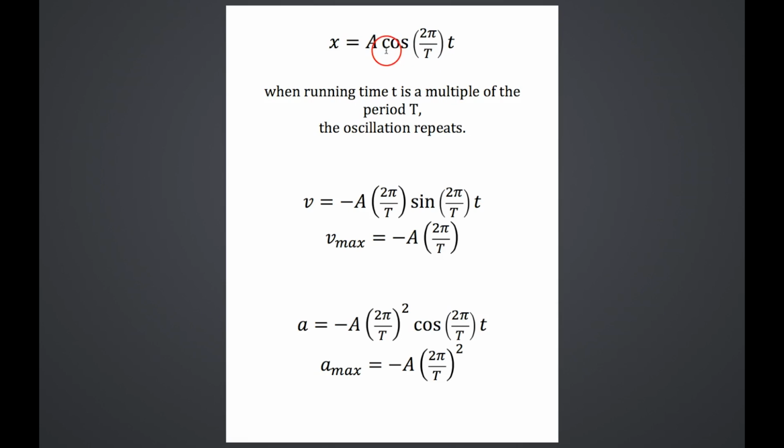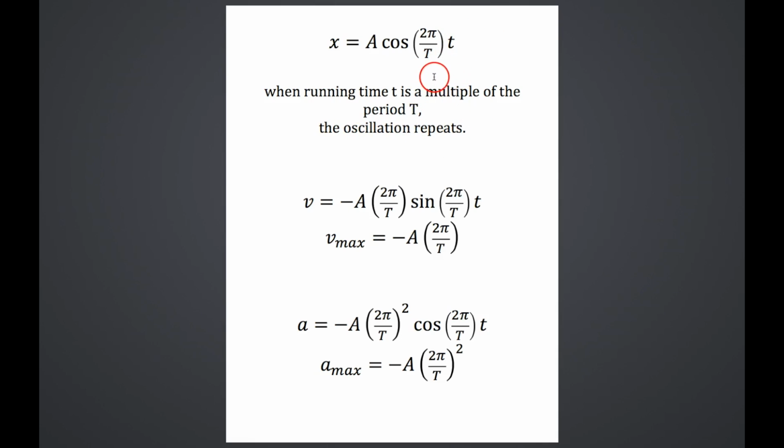So what that means is for the displacement, if we start off at one of the maximums, it looks like a cosine function. Inside the cosine is 2 pi divided by T, T being the period in seconds. So what that means is as t is running, so as this thing is swinging and t starts from 0 and moves forward, and is a multiple of the period T. So when little t equals big T, the oscillation repeats because this is equal to 1.